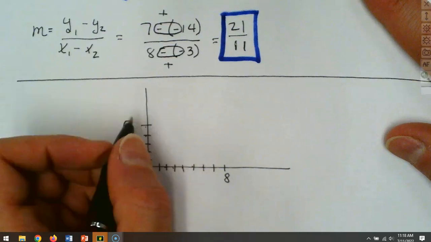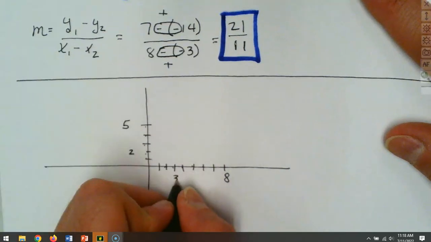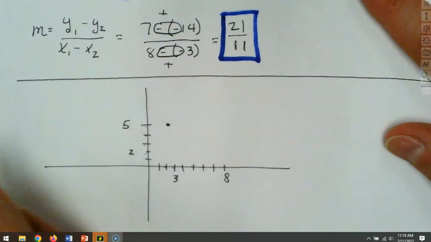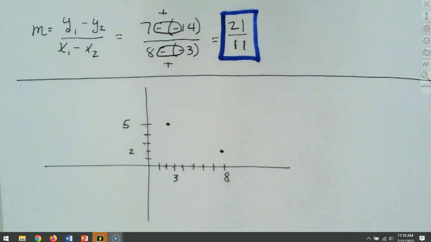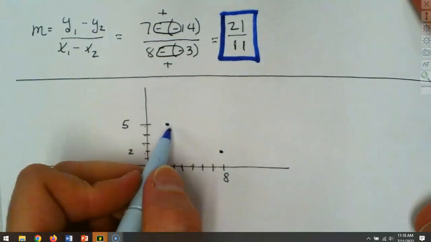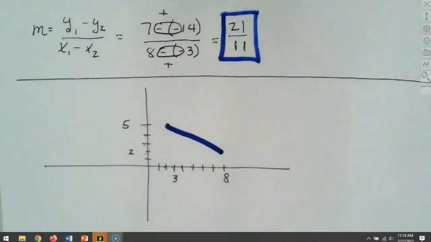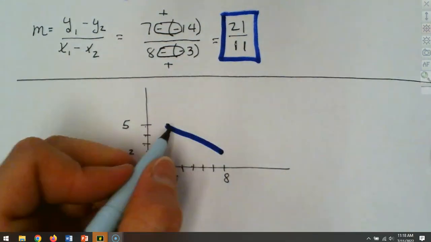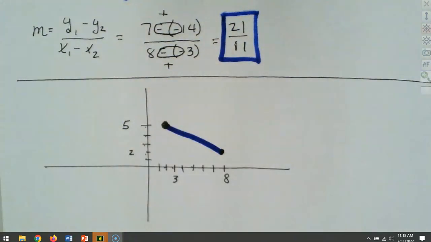Okay, so let's say I give you this here. I want you to find the slope from this picture. So here's your picture, and I want you to find this slope. Now first off, we know that my slope is going to be negative because this is decreasing from left to right. When I look at my line, it's going down.